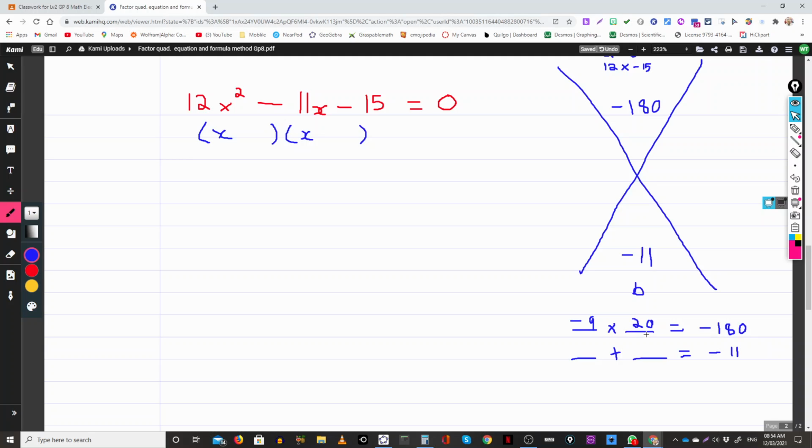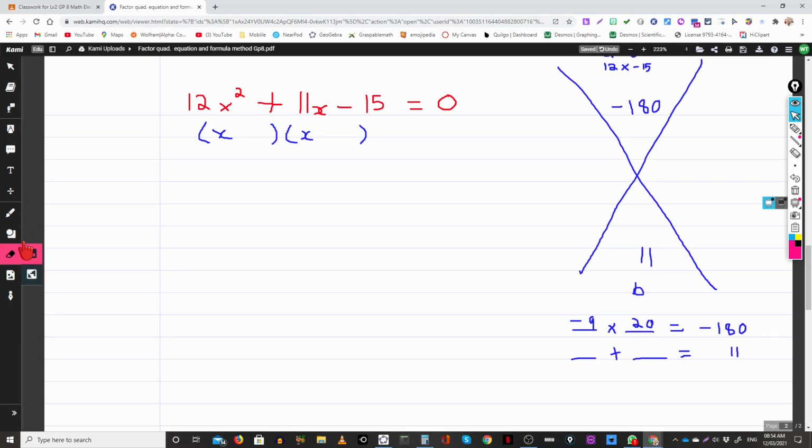Sorry, this should be positive, by the way. I have the equation wrong. This is supposed to be positive, not negative. So the 11 has to be positive 11, so the bigger sign has to be positive.